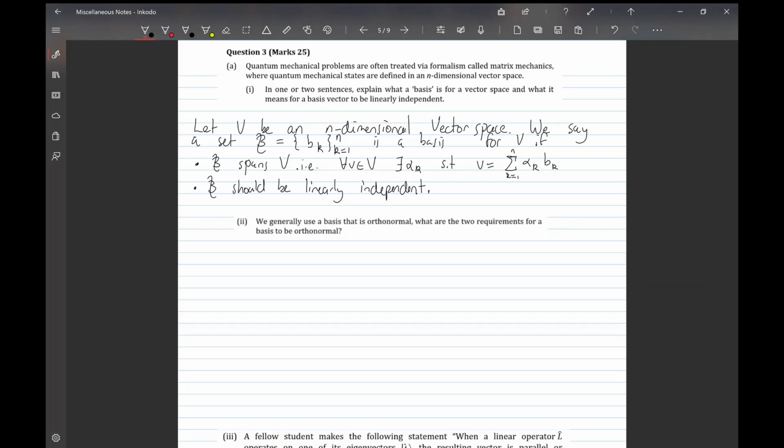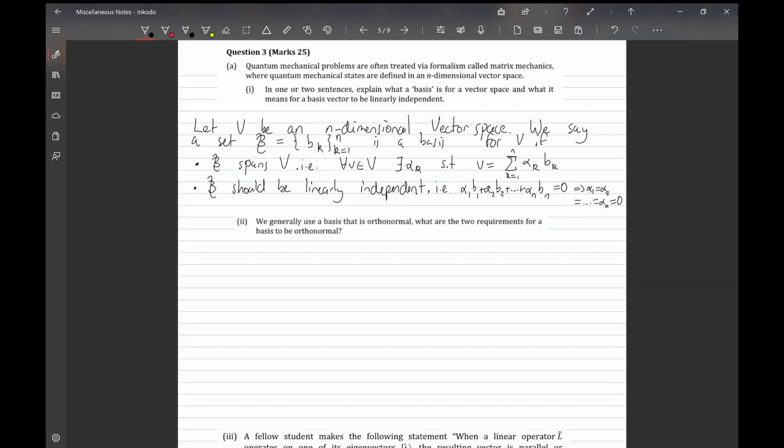But equally important is the property that they should be linearly independent. So what does this mean? This means that whenever you have the equality alpha_1 b_1 plus alpha_2 b_2 plus all the way up to alpha_n b_n, just some linear combination of the basis vectors being equal to 0, well, if that's the case, then each one of the coefficients, alpha_1, alpha_2, up to alpha_n, should be equal to 0.